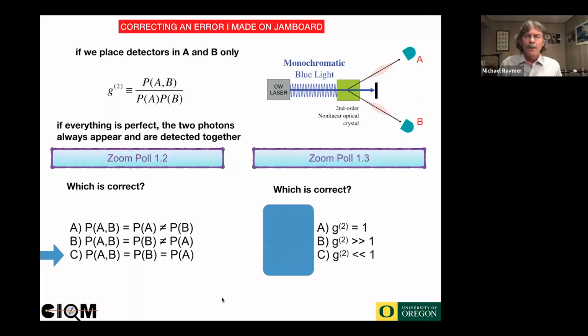Okay, now Zoom poll number 3. We see that most people selected the middle option, which is that G2 is much greater than 1. To move along quickly, I'll just say that that is correct. You can see that G2 is the ratio of these 2 numbers.